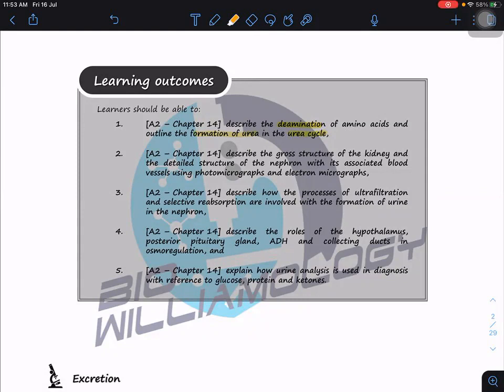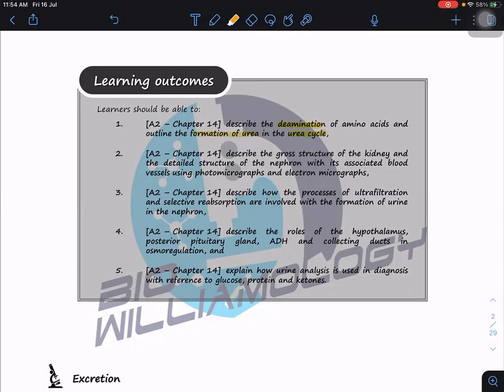But compared to the Krebs cycle and also the Calvin cycle, for the ornithine cycle or urea cycle, you just need to know the name, or that there is such a thing called the urea cycle, full stop. You do not need to know the detail of the cycle. It's unlike the Krebs cycle, where you need to know that from oxaloacetate it becomes citrate and so on. No need. Here, you just need to know there is such a thing called the urea cycle. What is the function? To form urea, full stop.